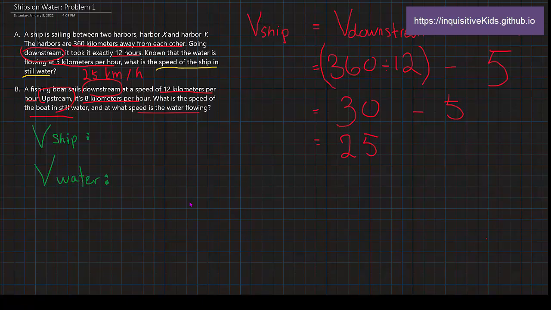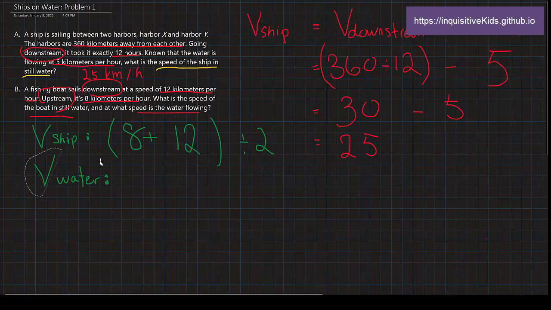To solve this problem, all we have to do is look back at the two formulas we were given about the velocity of the ship and the velocity of the water. So what does it say about our ship? We do something divided by 2. That is the upstream speed. Do we have that? Yep, 8. Plus the downstream speed, 12.